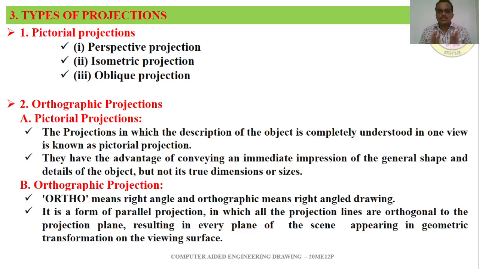So orthographic projection means right angled drawing. I am repeating it: orthographic projection is very important for engineering drawing. We can say it is the basic fundamental of engineering drawing.